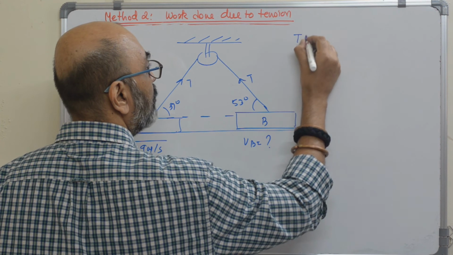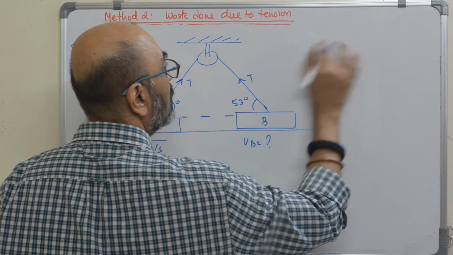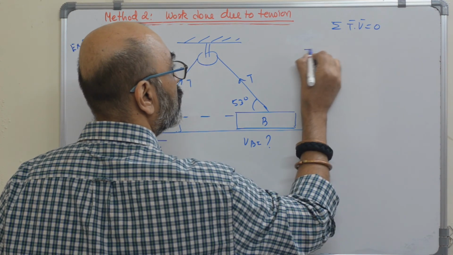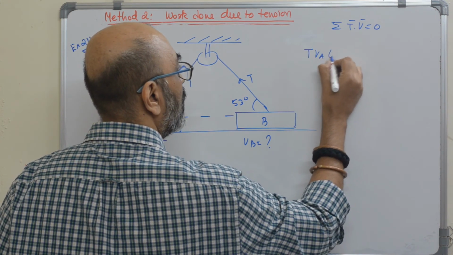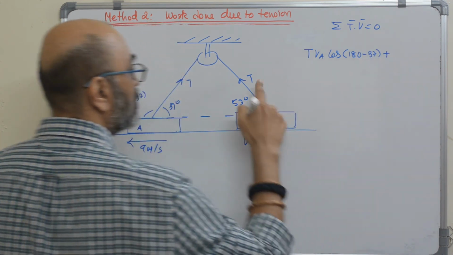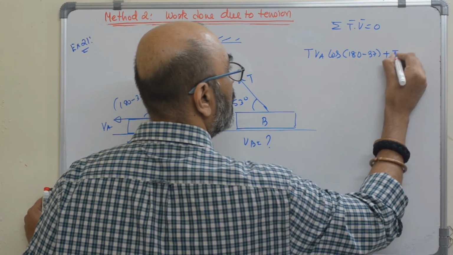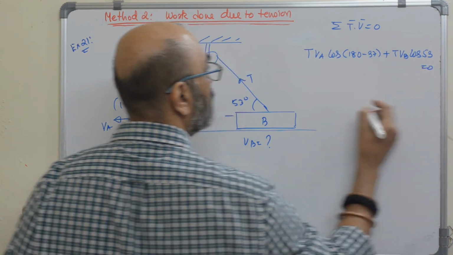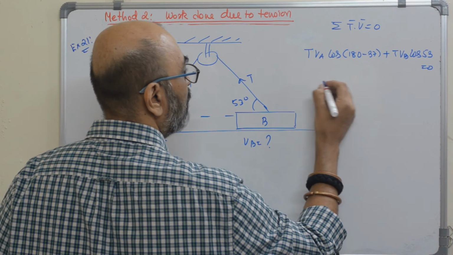So we have T into, first of all, what is the basic formula? Summation T dot V equal to 0. So T VA cos 180 minus 37 plus T VB cos 53 equal to 0. Cos 180 minus 37 is minus cos 37.